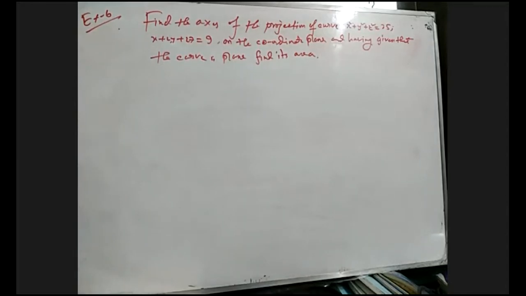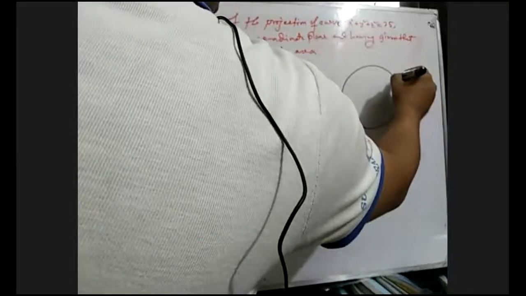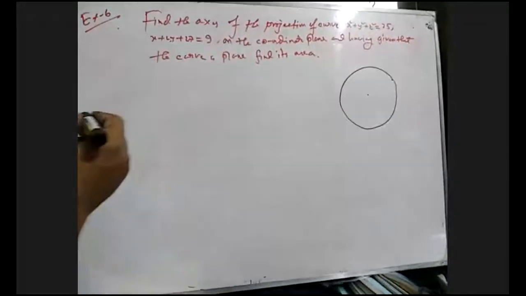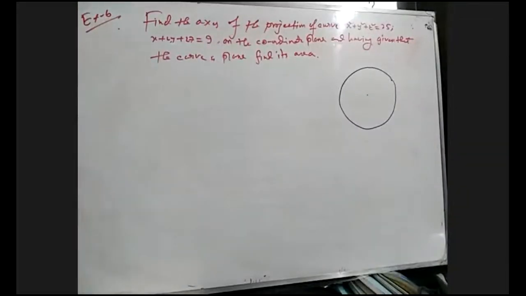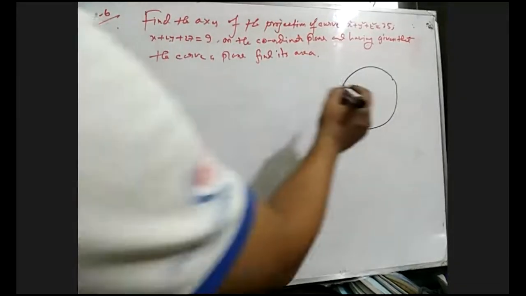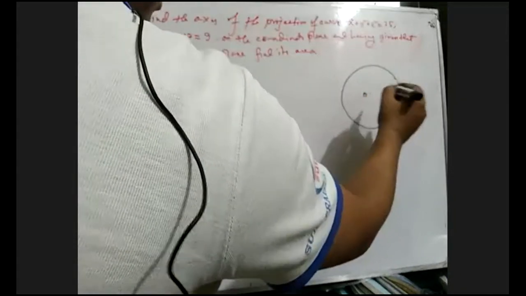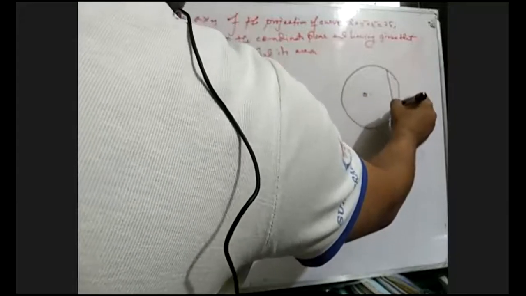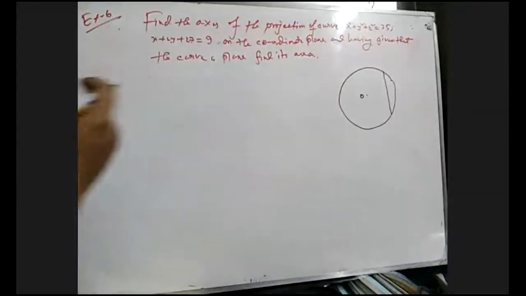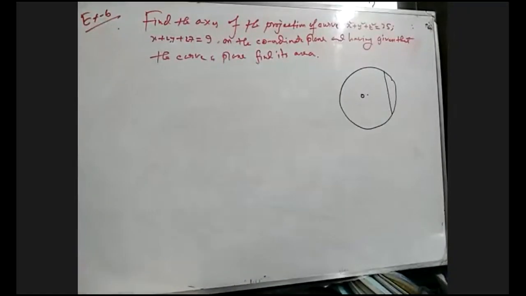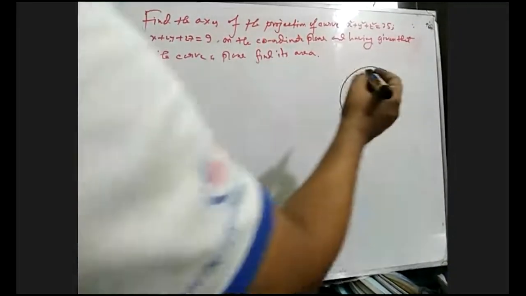A plane. Suppose this is a sphere, and this is the center of it. Suppose the origin is the center, and if we cut a slice of this sphere on this line, then we get a plane.